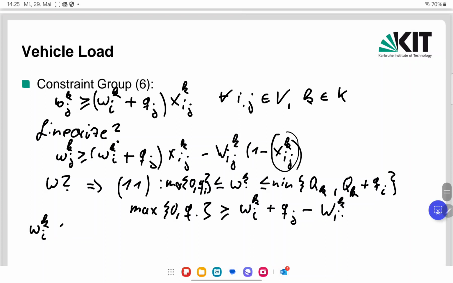We cannot carry more than the minimum of the overall capacity Q_K and Q_K plus Q_I.